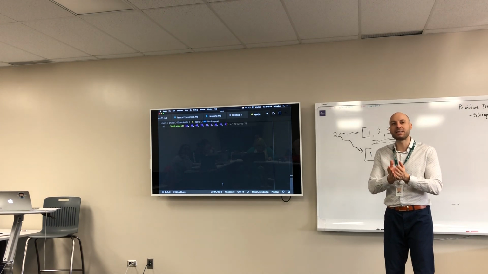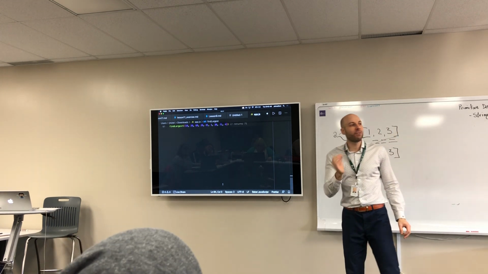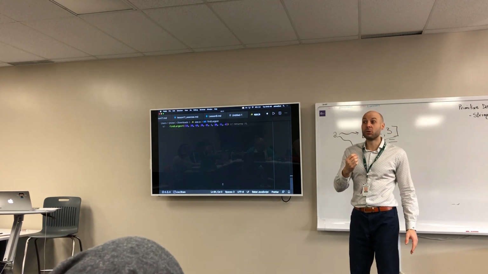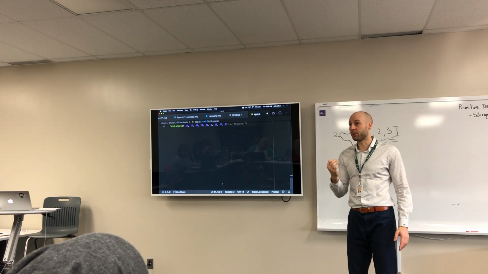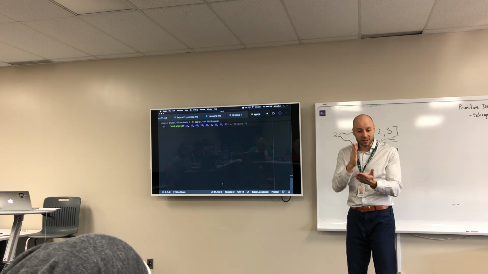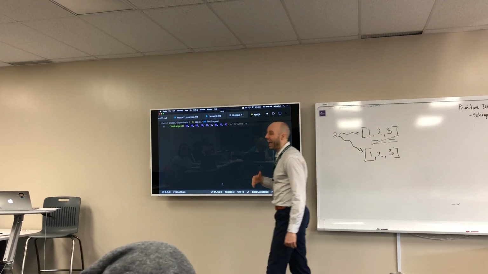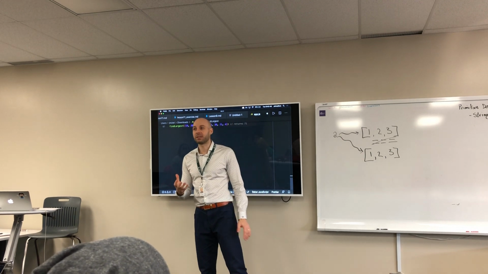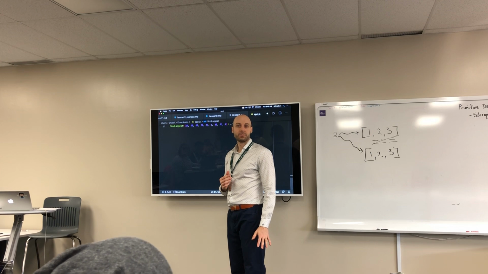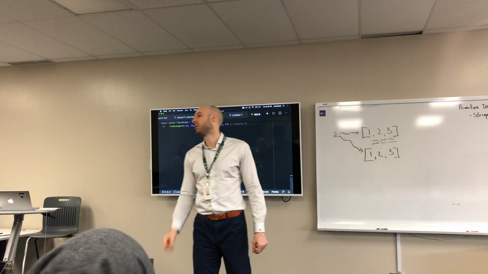We need to write down a set of words that someone could follow, some person who's super dumb, like a computer, because that's what a computer is. It's a super dumb thing, and we have to tell it exactly what to do. How would I tell it to do this thing? It doesn't have to be in computer programming terms, we can use English.